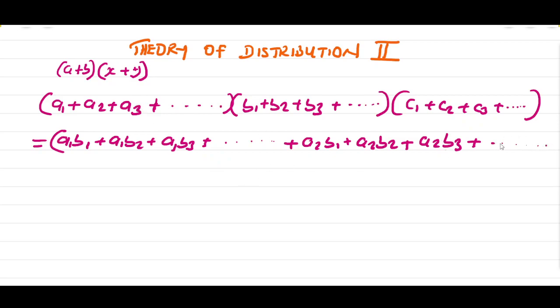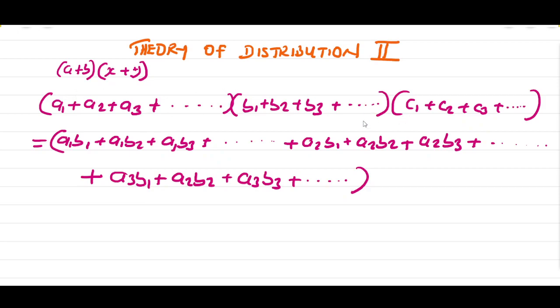Now a3 is going to go with b sub 1, a3 is going to go with b sub 2, and then a3 is going to go with b sub 3, continuously that way. So we will have a4 going with every term here. So every term here has to multiply every term here.